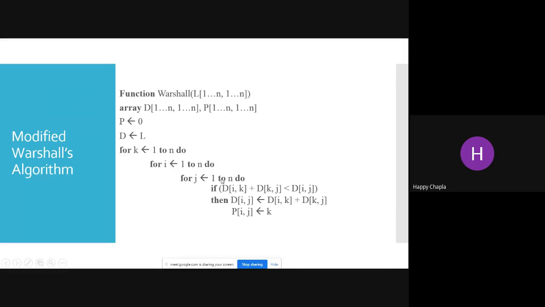Then for the third one, we take each row's value with the particular previous table value, taking k as the middle one. If i of k plus k of j is less than my previous table's value, then take it. Otherwise, put the previous table's value as it is.